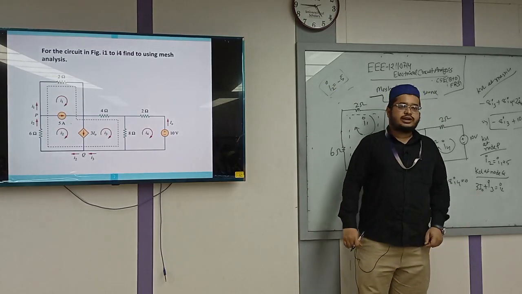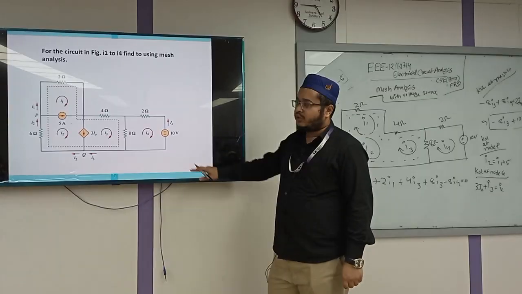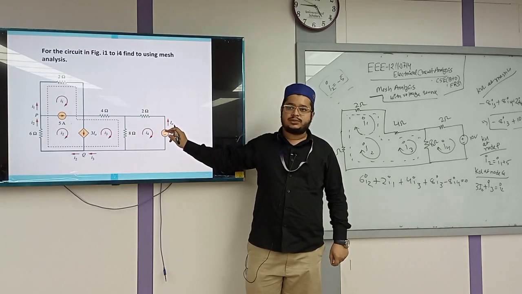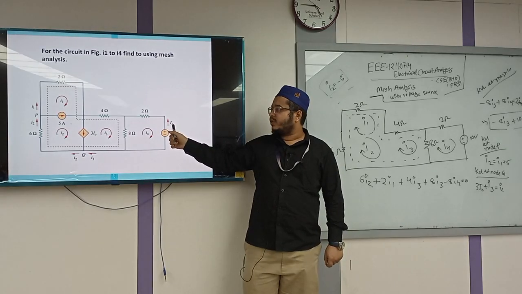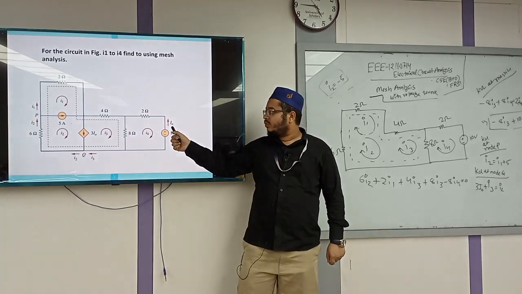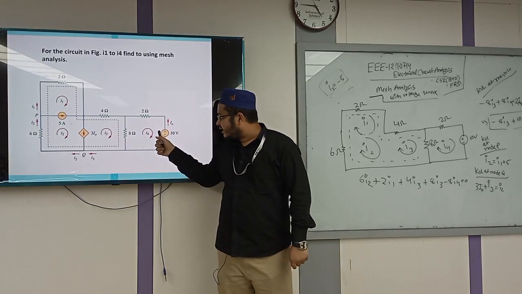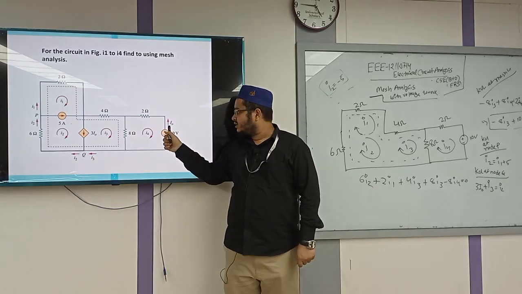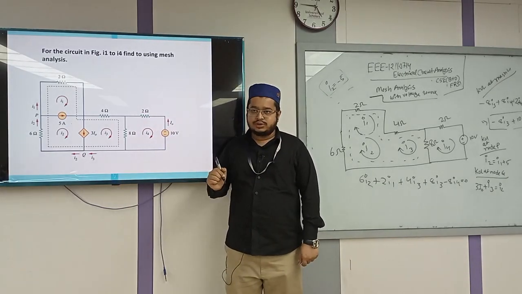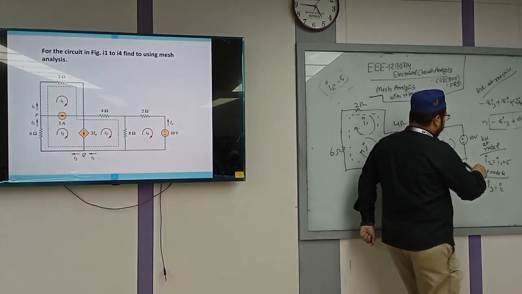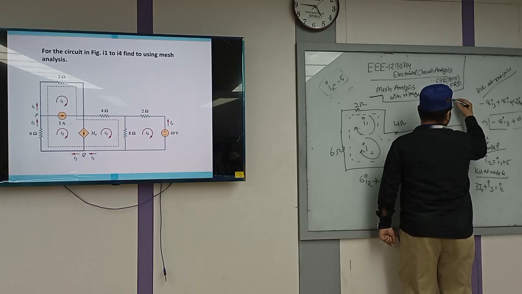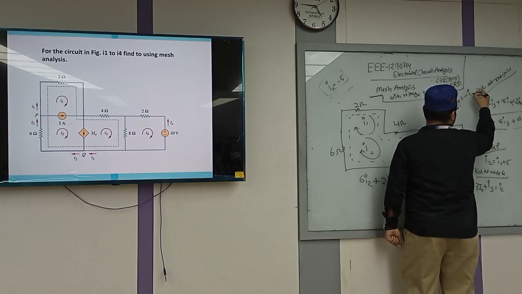এখন I নটটা কোথায়? Where is the value of I not? I not এর ভ্যালুটা কিন্তু এখানে দেওয়া আছে। So what is the I not value? Basically I4 will be rotating like this and its direction is the opposite of I not, so I can say I not equals to minus I4.